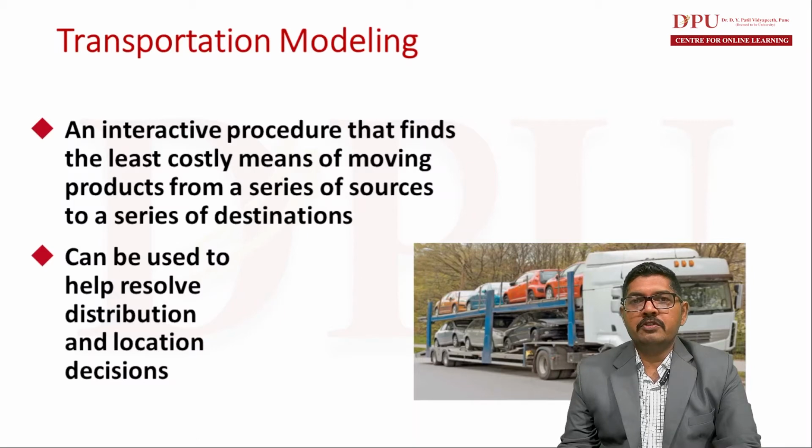There are sources or origins, which are the factories or manufacturing facilities, and there are destinations, which are the warehouses. Transportation modeling can be used to help resolve distribution and location decisions. It can also help strategically locate the manufacturing facilities and the warehouses in order to decrease the total transportation expenditure.